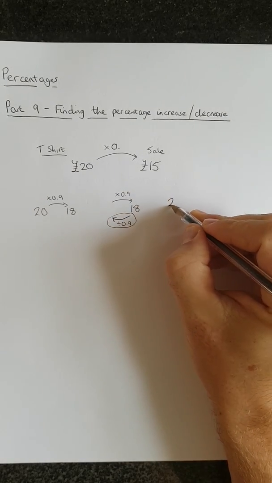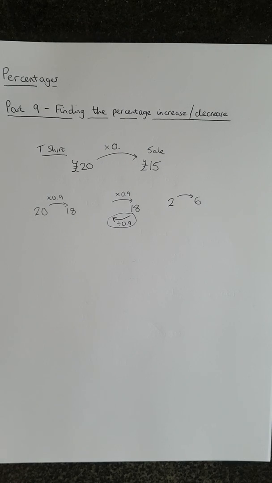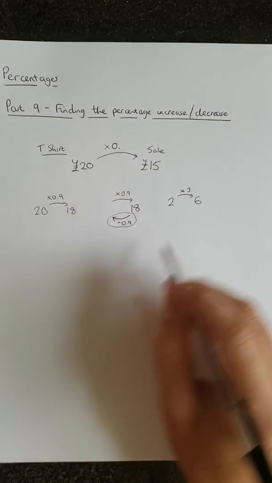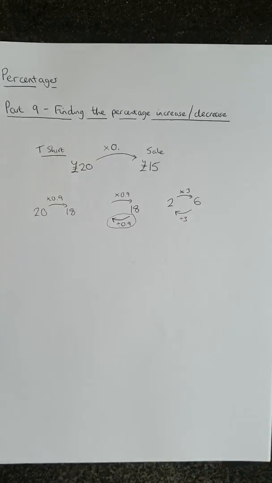Okay, if I gave you 2 and 6, what's the multiplier? That's right, it's multiplied by 3. So it's divide by 3.